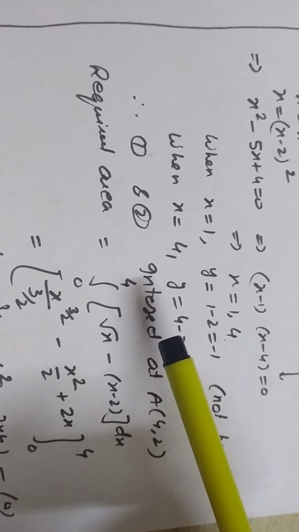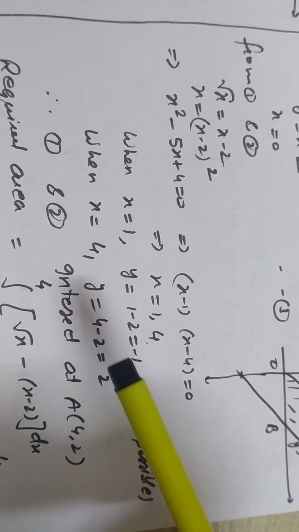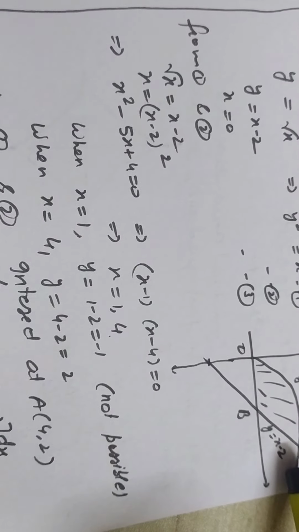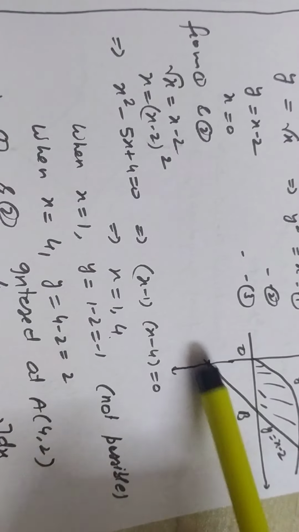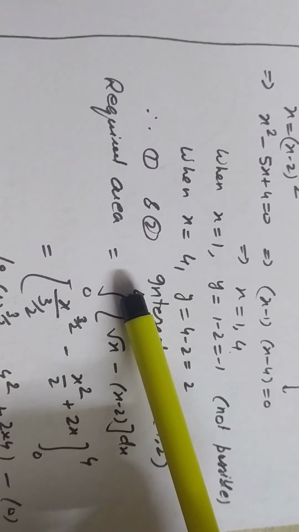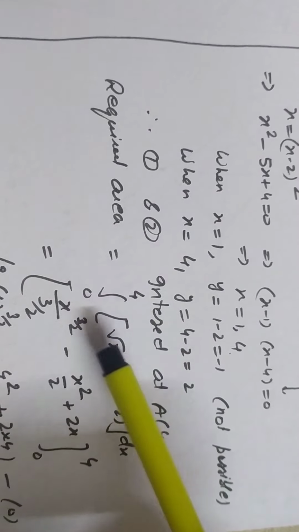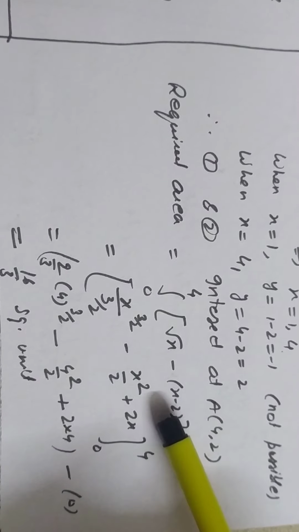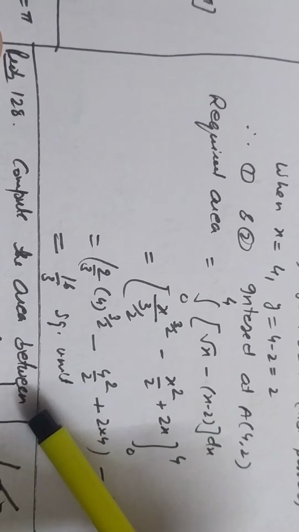So the value of x is 0 to 4, and square root x is the upper arc, and this is the lower arc, and the area between these two will be given by integral 0 to 4 of square root x minus (x minus 2). Then integrate it, you will get the answer 16 by 3 square units.